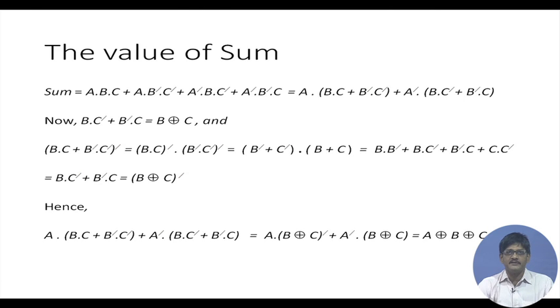Now, B and C dash or B dash and C is nothing but B XOR C. So, the last bracketed term becomes B XOR C, and the first bracketed term B and C or B dash and C dash can be shown to be nothing but the complement of B XOR C. We have taken its complement, applied De Morgan's law, and ultimately obtained B XOR C whole prime, and therefore this particular term simplifies to A and B XOR C dash plus A prime and B XOR C, equal to A XOR B XOR C. So, this is the simplified form of the sum.